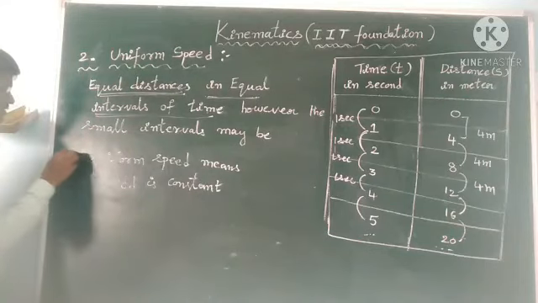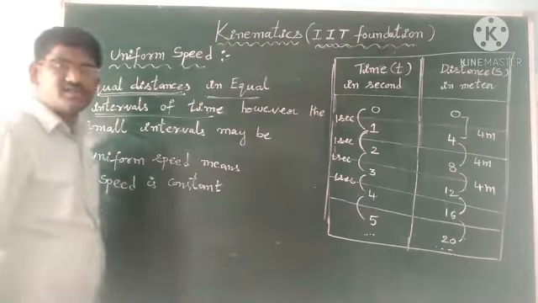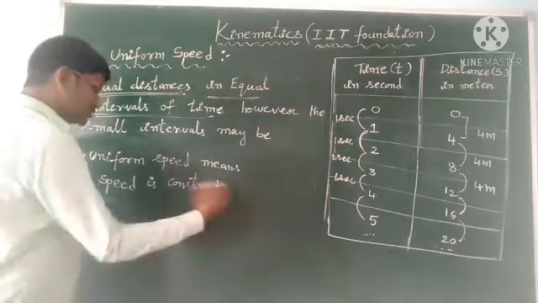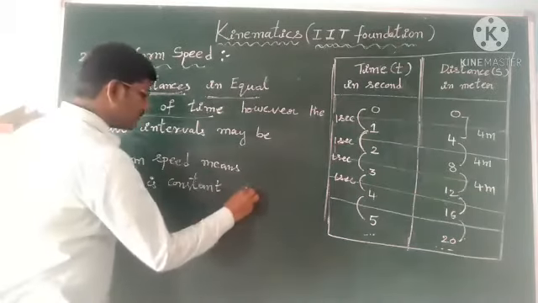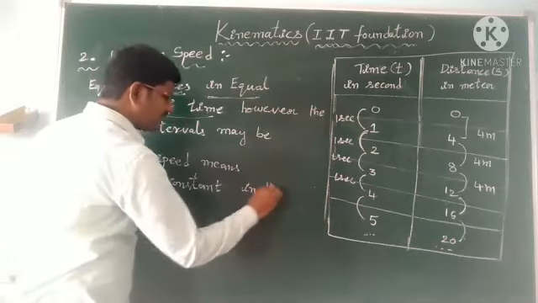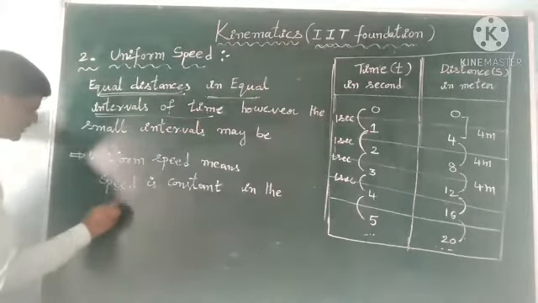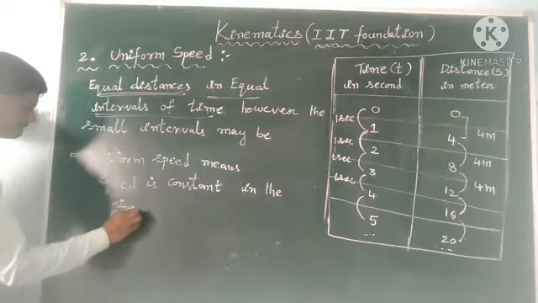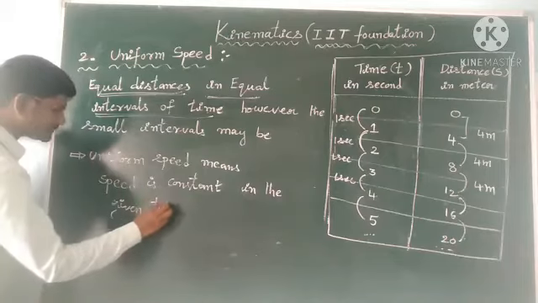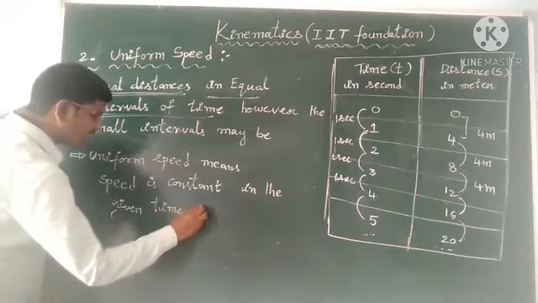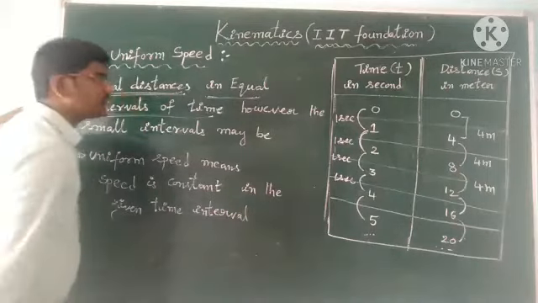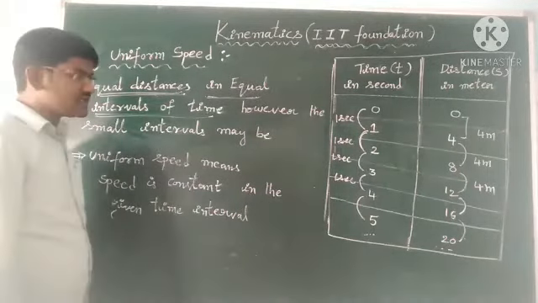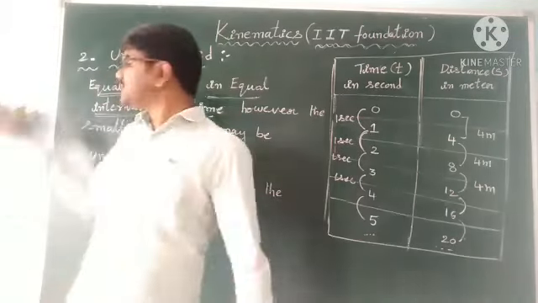So speed remains constant throughout the journey. So speed is constant in the given time interval. Then we say that the object is said to move with uniform speed.